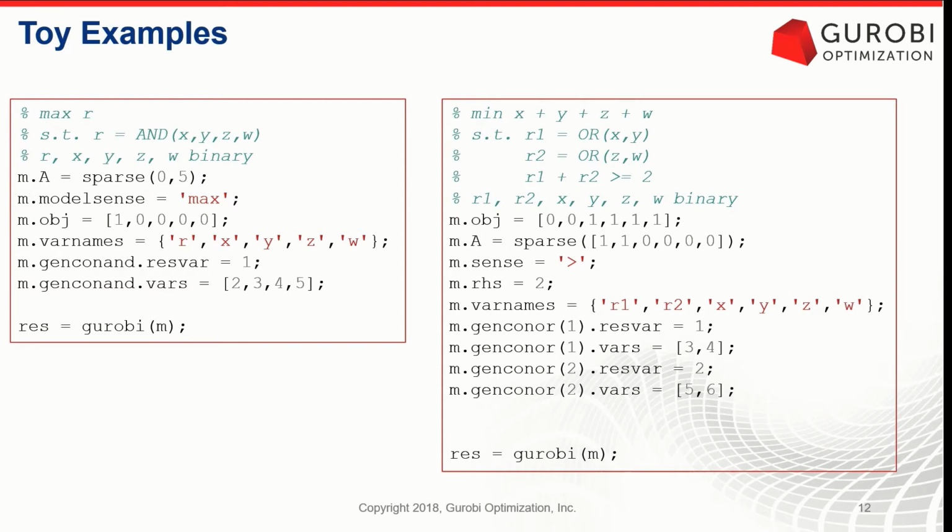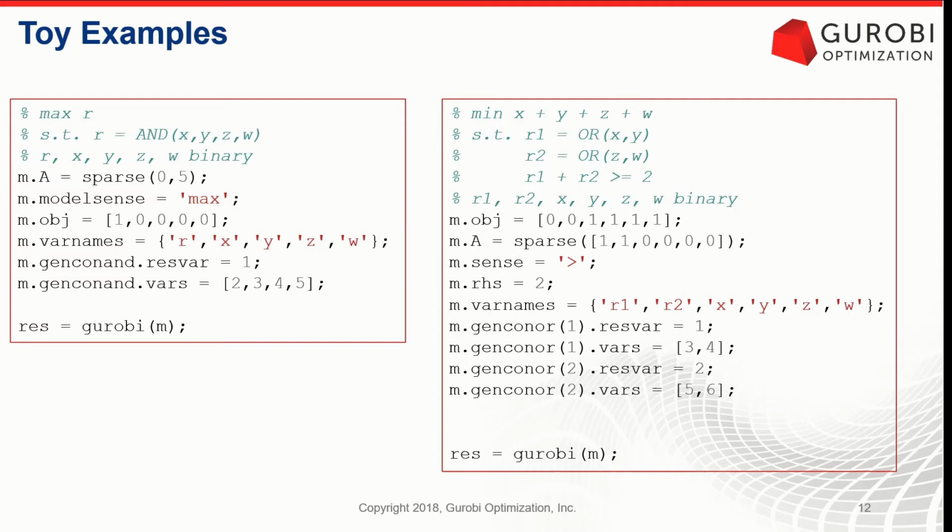All right. The model struct construction for objective vector, constraint matrix, and sense, and the right-hand side, we have seen that before. There's var names we have seen before. And now we have 2 of these general constraints.